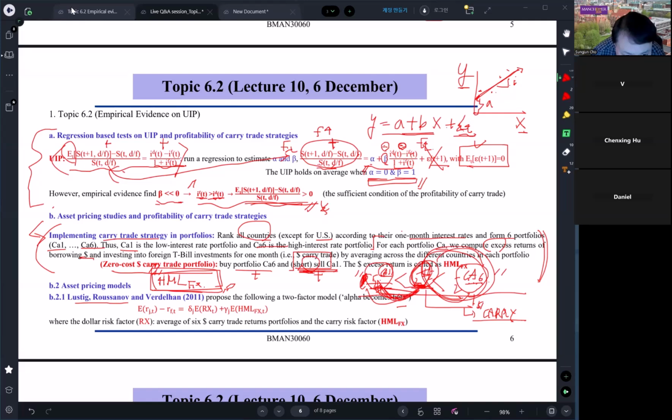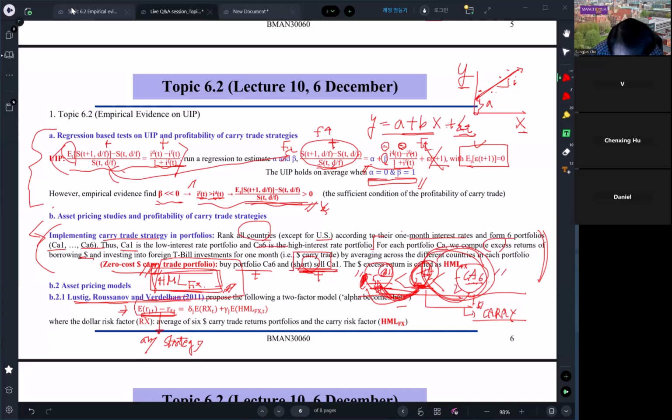said, what should we do about this? So first, Lustig, Roussanov, and Verdelhan say, since we have alpha, let's now use that as a new systematic factor to explain any risky asset return in FX market. So they propose this model. This is the average excess return from investing into FX market. So you can put any currency strategy here.